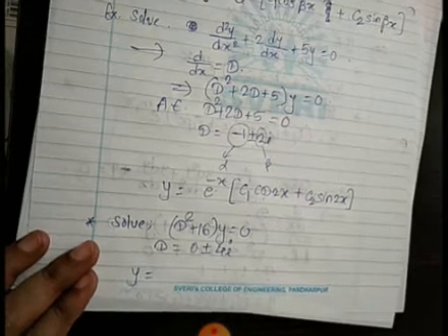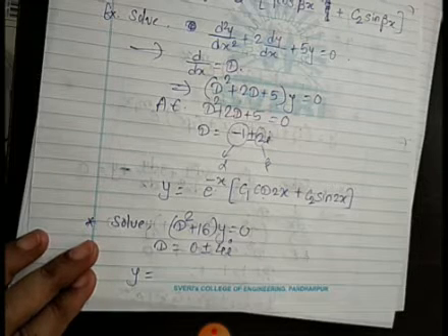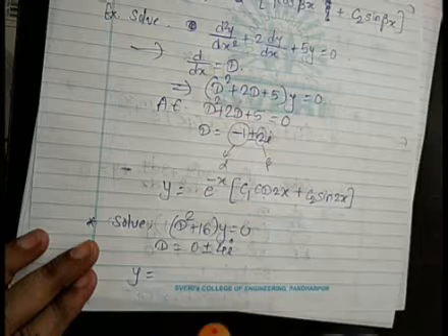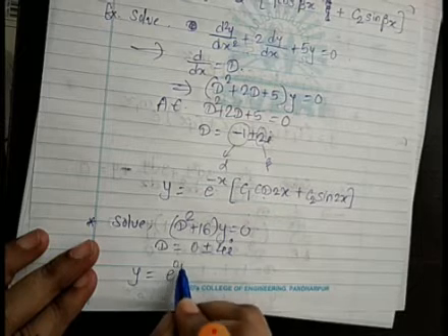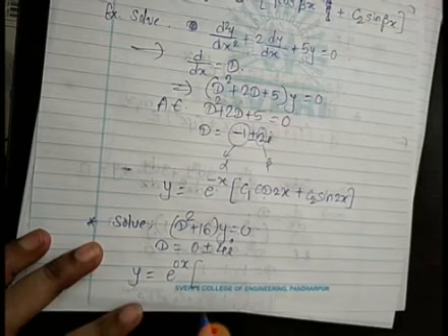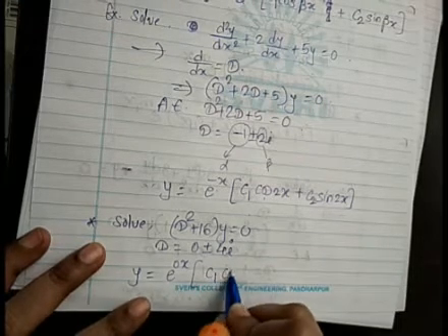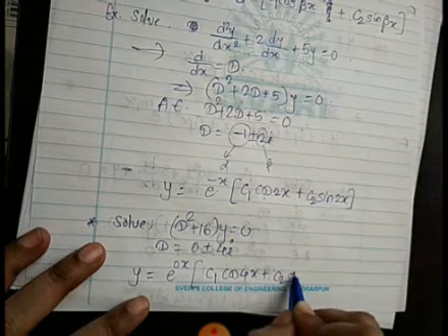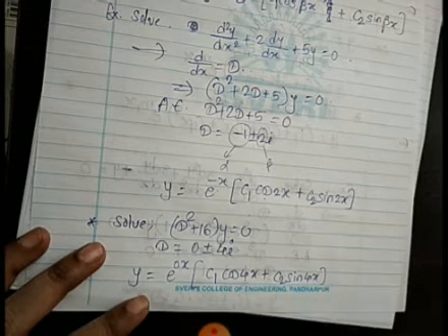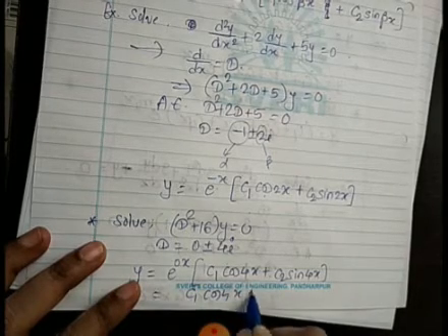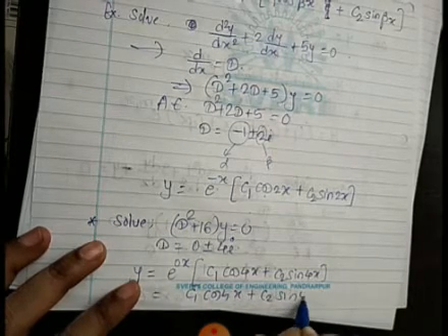E raised to 0x is nothing but 1, and it is okay that we cannot write that. So e raised to 0x into c1 cos 4x plus c2 sin 4x, or simply c1 cos 4x plus c2 sin 4x.